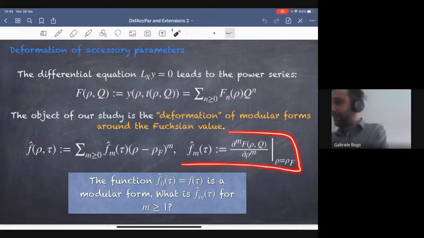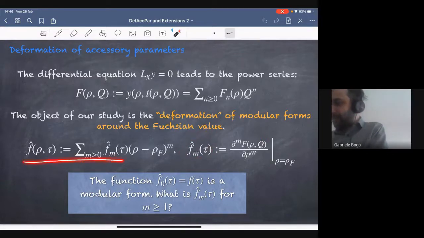What is written here? We just take this function, consider the m-th derivative with respect to the accessory parameter, then specialize to the Fuchsian value. After this specialization, q is the small q, the usual parameter at infinity, and this makes this derivative a function on the upper half plane. So if you take a sort of Taylor expansion around the Fuchsian value of the accessory parameter, these are the coefficient functions, and these are holomorphic functions defined on the upper half plane.